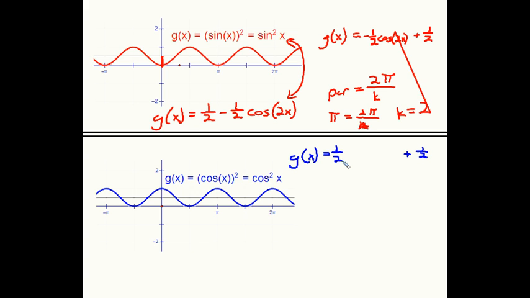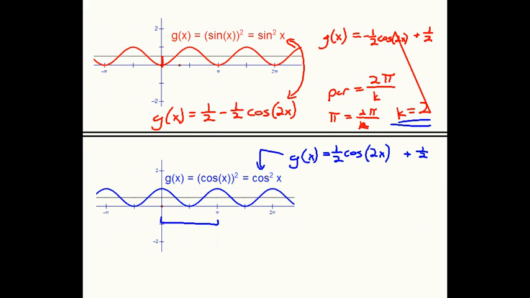In this case, we're going to put positive 1/2 because it's up first. And similarly, the period is pi. So if the period is pi, just from what we did up here, we see that k would equal 2. So this is going to be 1/2 cosine of 2x, and that is equal to cosine squared. So there we see those identities by looking at the graph and writing the equation in a different form.